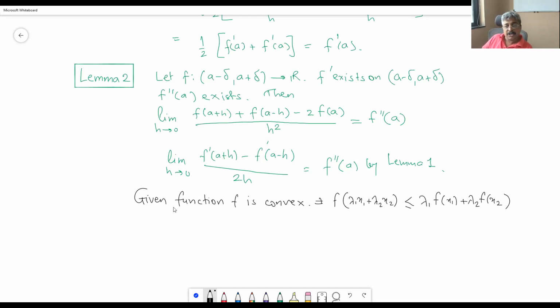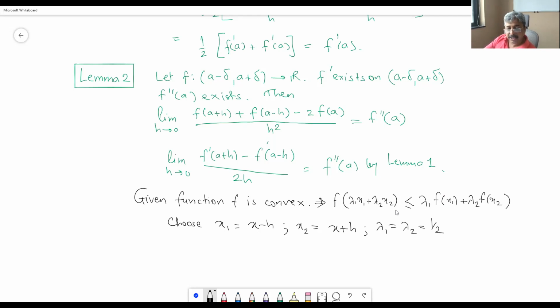Okay, this is given to us. Now setup. Choose x1 is equal to x minus h, x2 is equal to x plus h, lambda 1 is equal to lambda 2 is equal to half.